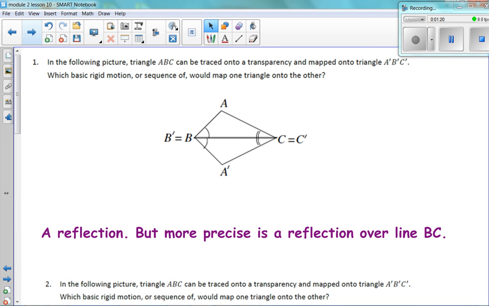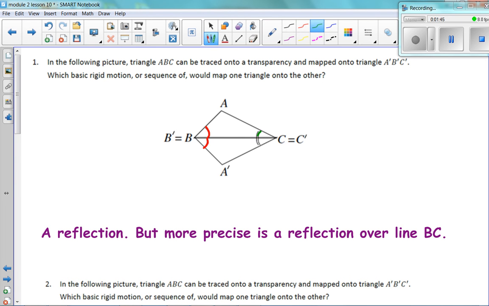I just want you to notice the markings on the triangle. I think you've learned this before, but just in case, this one curve mark signifies that these two angles, the angle B on the top triangle and the angle B prime on the bottom triangle, are the same measurement.